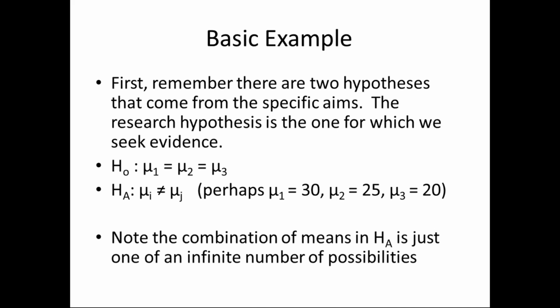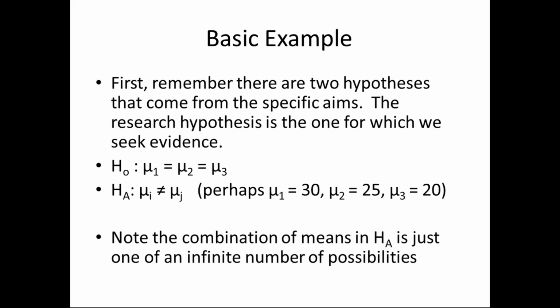There are more assumptions, but it's the exact same game. You've got a null and you've got an alternative. And so now, instead of assuming 2 means, you assume 3 means. Under the null, the 3 means must be the same. For the null to be true, they're all going to be equal. Under the alternative, you can pick any pattern you want.